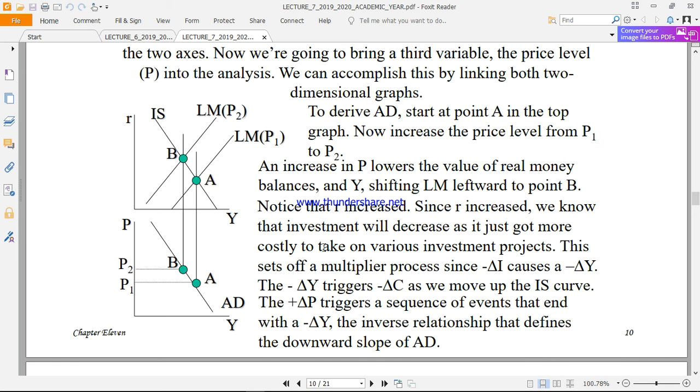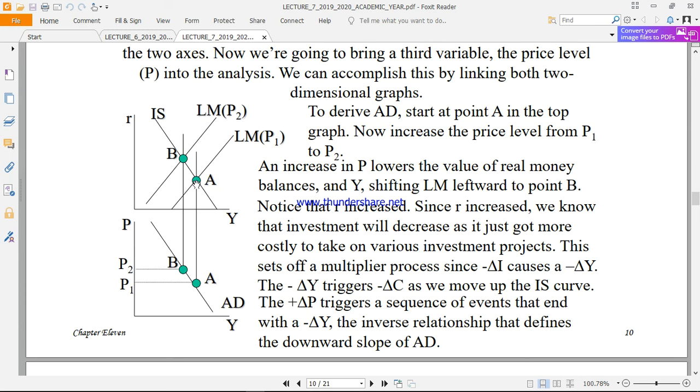Okay? So the whole chain is starting from point A. All was well, point A. That was the prevailing demand. Now, from nowhere, the prices have increased from P1 to P2, which reduces your purchasing power. And that is just going to shift the LM curve upwards to the left.